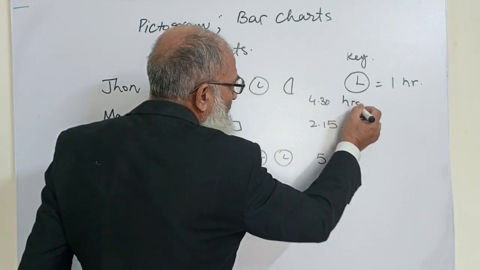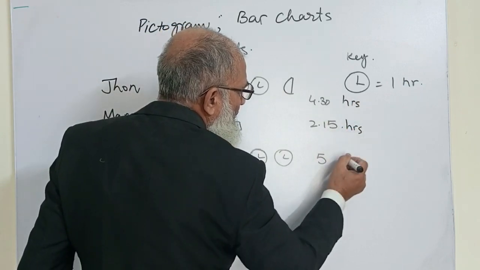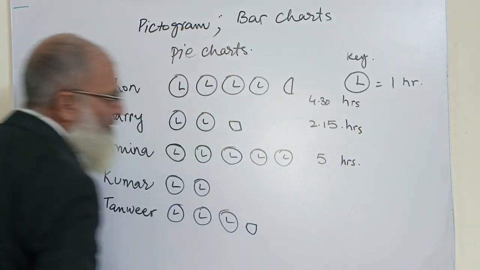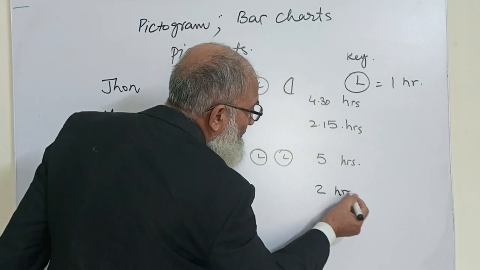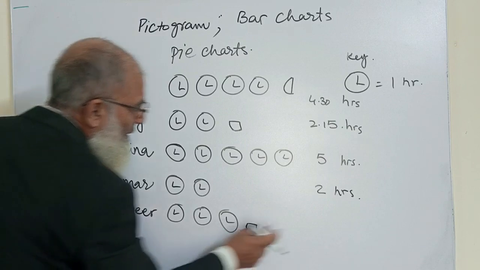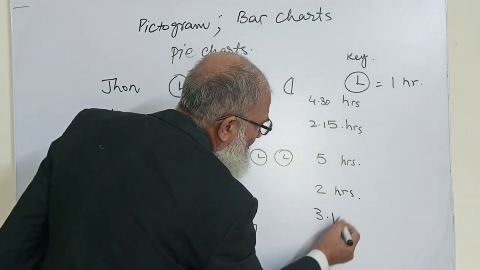Okay. You can also write the units. 2 hours and 3 hours 15 minutes.